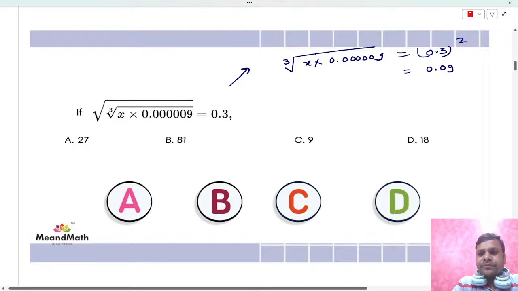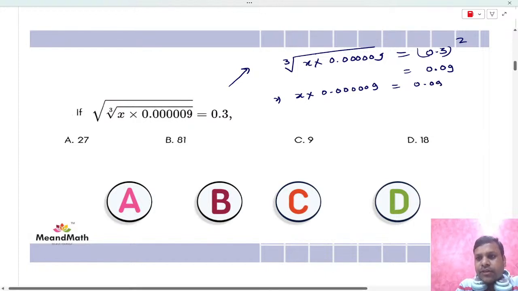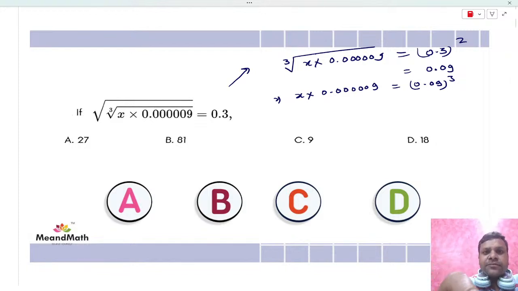Now cube on both sides, so x into 0.0000009 is equal to 0.09 whole cube. Now you can solve it. There are so many methods to simplify from here.